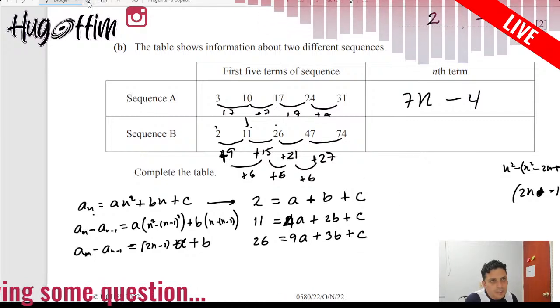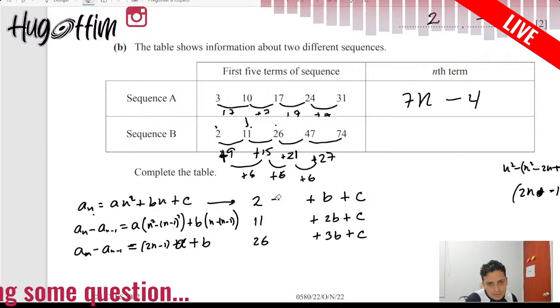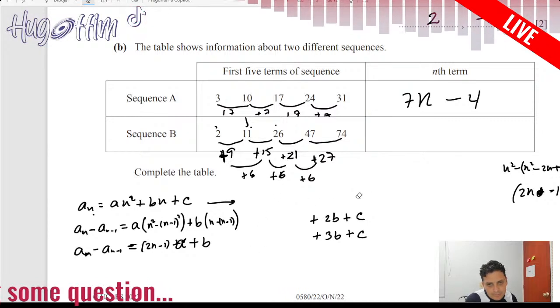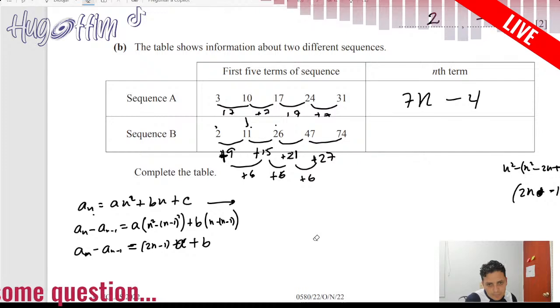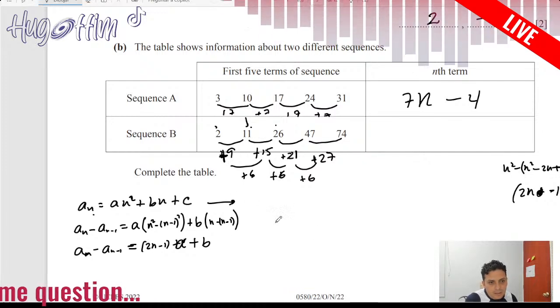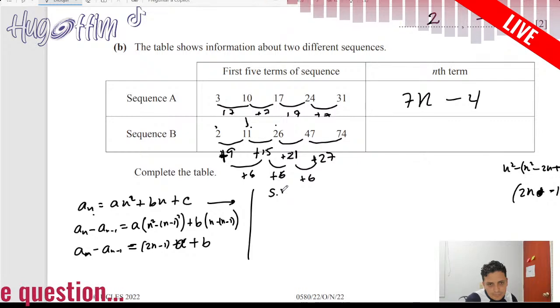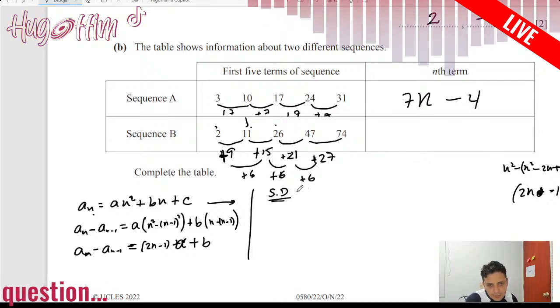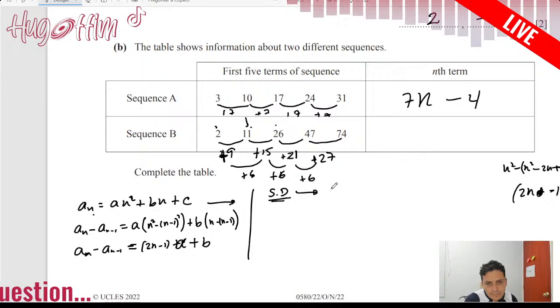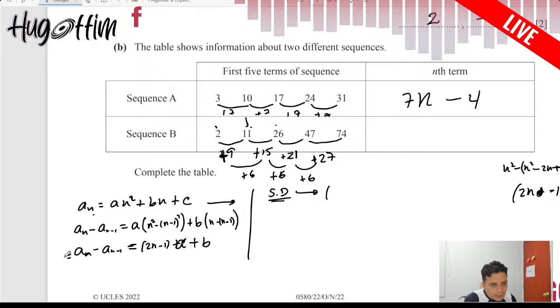So I'm going to get the second difference. I'm going to erase this. The second difference is going to be, I'm going to call this f of n.